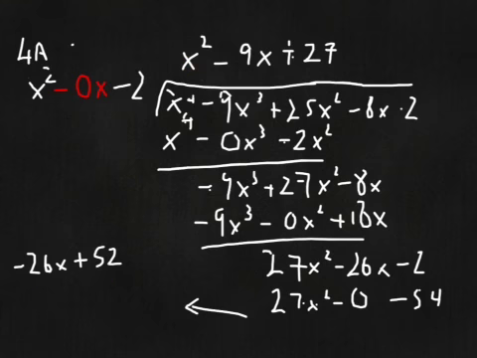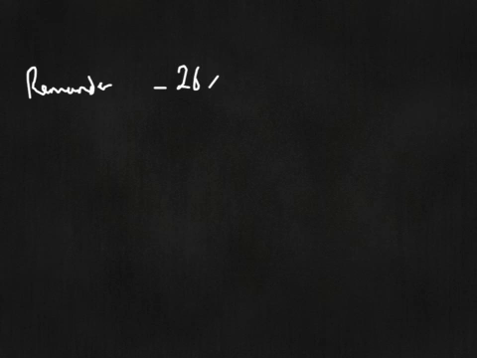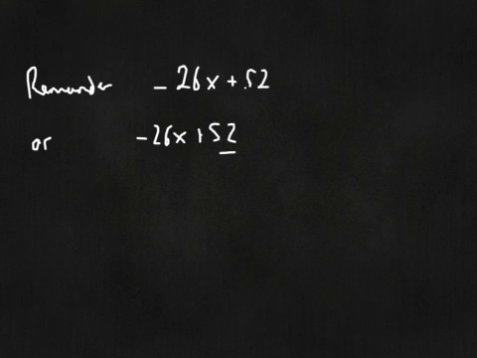You can write the remainder as just remainder minus 26x plus 52. You can write the remainder in this form: whatever it was, minus 26x plus 52, you can write it as that, or you can write it as a fraction, as minus 26x plus 52 over what you were dividing by, over x squared minus 2.